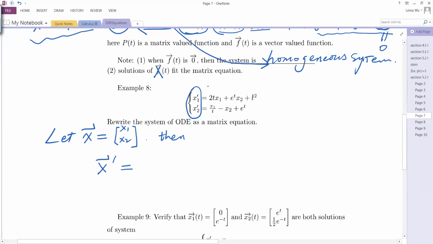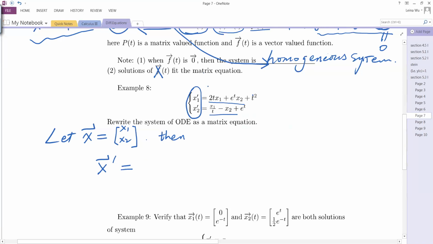What about the right-hand side? Can we separate the right-hand side into two groups? If we observe the right-hand side, some of the part is related to the unknown, x1, x2. Some of the part is not related to the unknown, right?